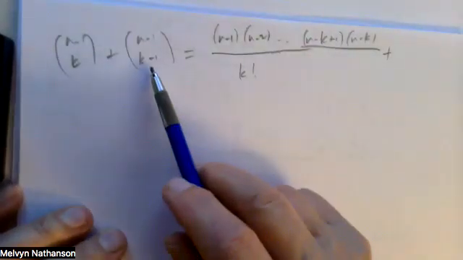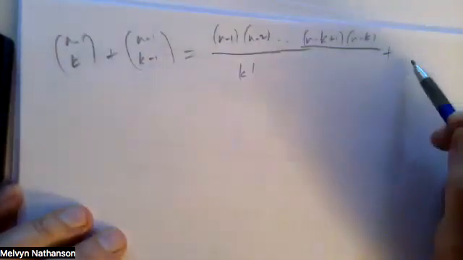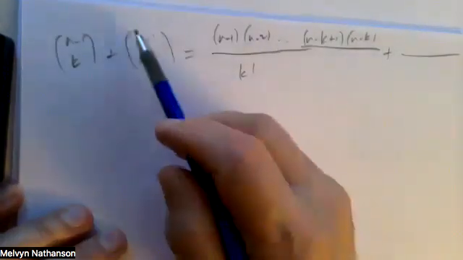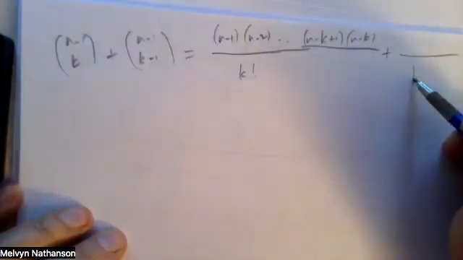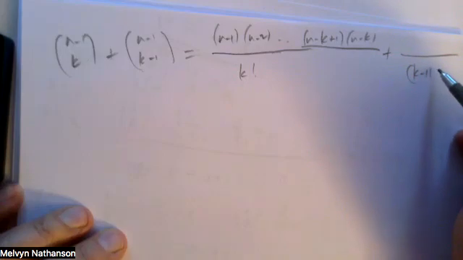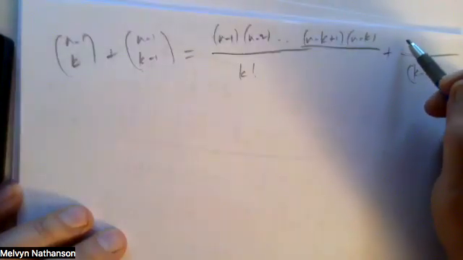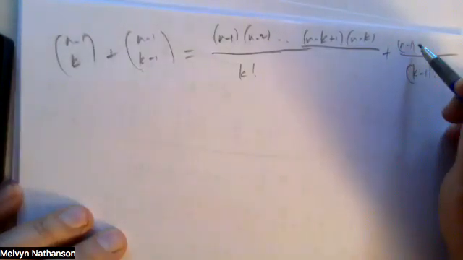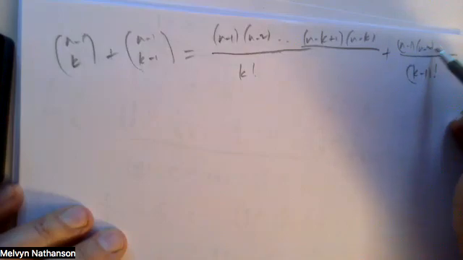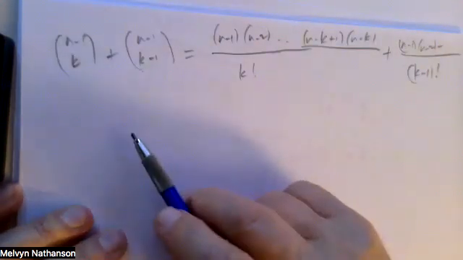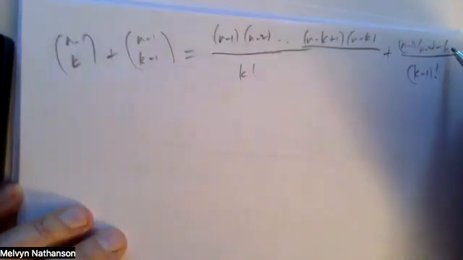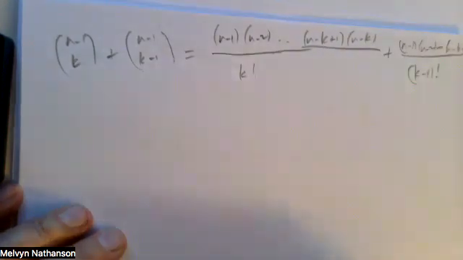And this other one is n minus 1 choose k minus 1. You have a k minus 1 in the denominator, k minus 1 factorial. And then you have k minus 1 numbers starting with n minus 1. So you have n minus 1, n minus 2, dot, dot, dot, n minus k plus 1.